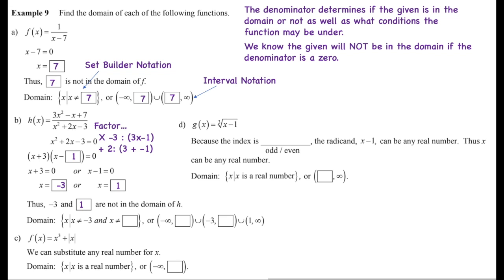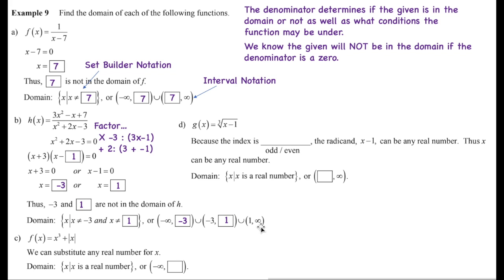We would write this in set builder notation as x such that x cannot be -3 and x cannot be 1. Written in interval notation then, we would start at negative infinity and work our way to -3, hop over -3, start from -3 to 1, hop over 1, and continue from 1 to infinity.